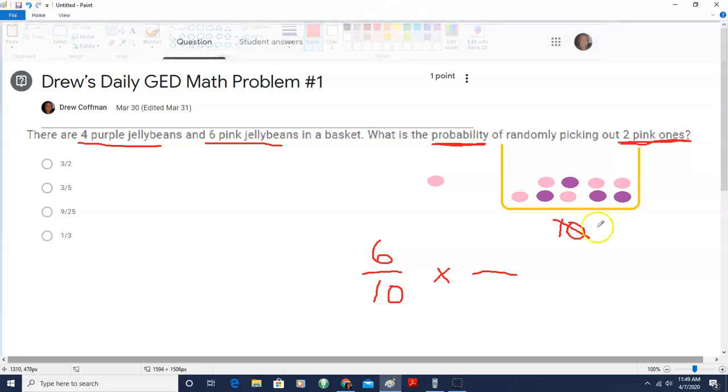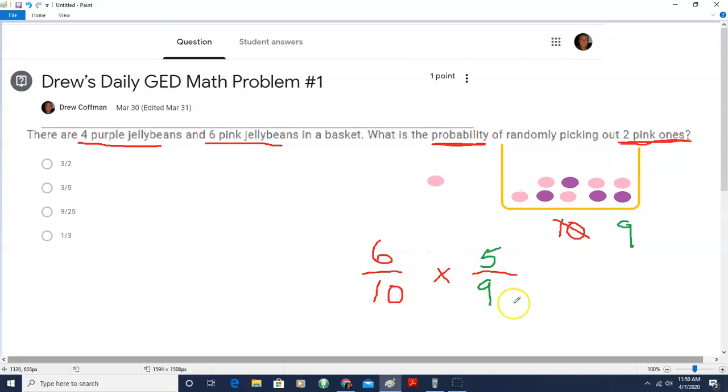Let me change colors here. 1, 2, 3, 4, 5, 6, 7, 8, 9, because we picked one out already. So our probability of getting a second pink one is 5 desired ones out of a total of 9 possible.